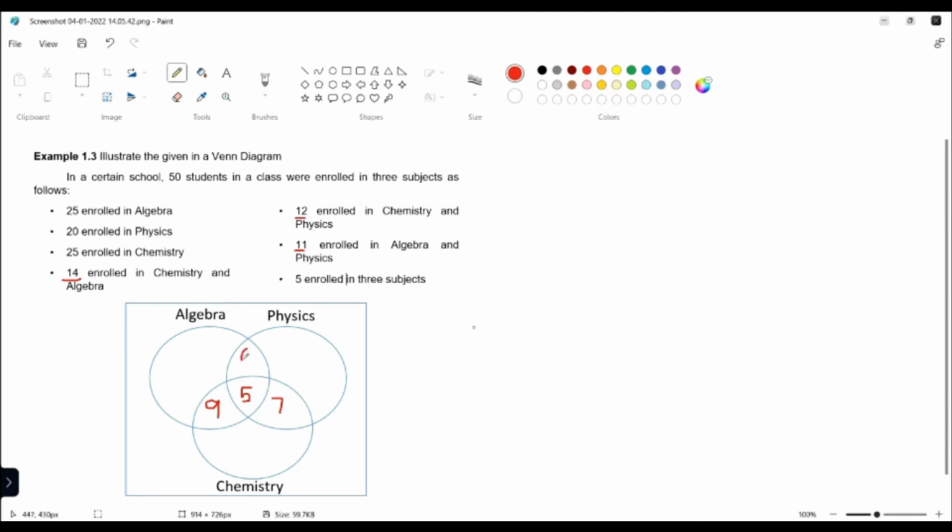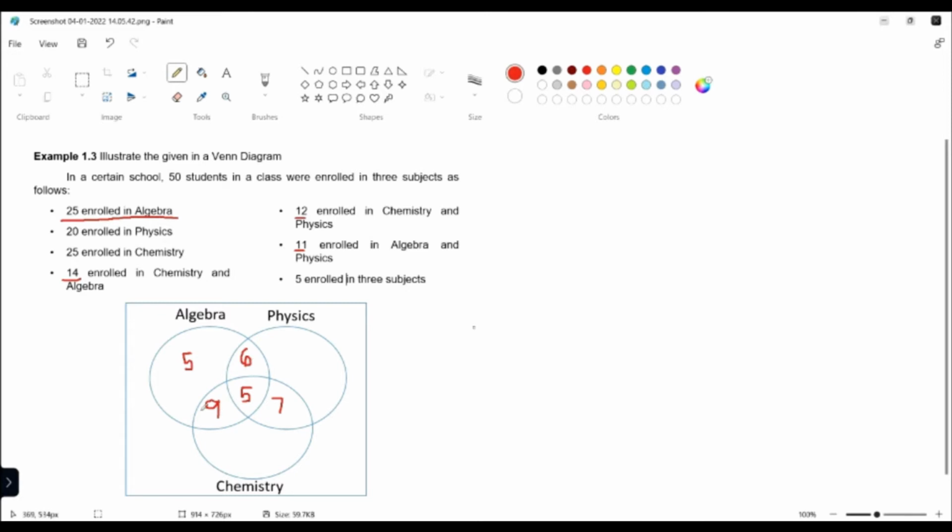We have 6. Okay, next. If there are 25 students taking algebra, how many students are taking algebra only? 5 po, sir. We have 5, since we already have 20 students here.